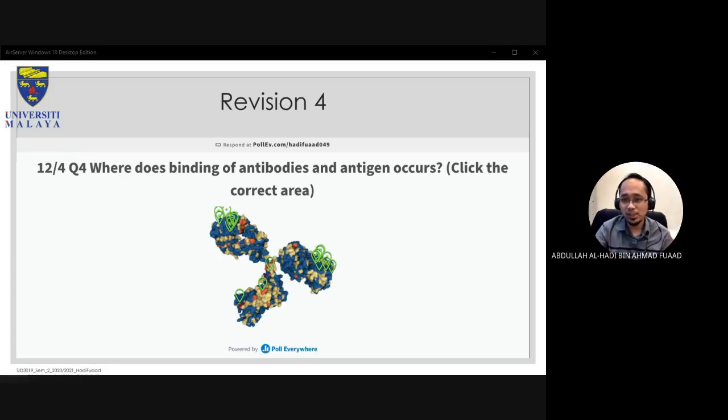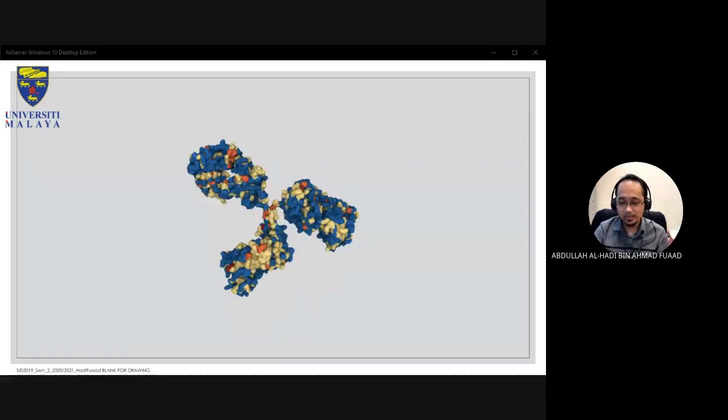So remember the question: where does binding of antibody and antigen occur? The picture is of an antibody. Most of you chose over here, some over here, and some over that particular region. Now, if you recall the structure of an antibody, you have the heavy chain and the light chain.